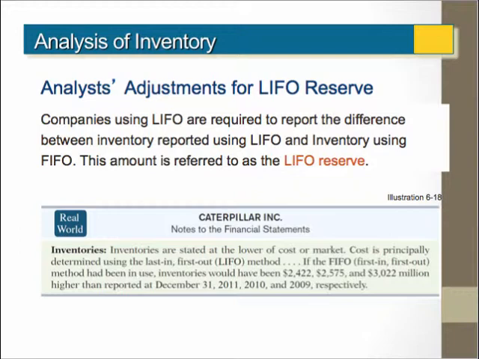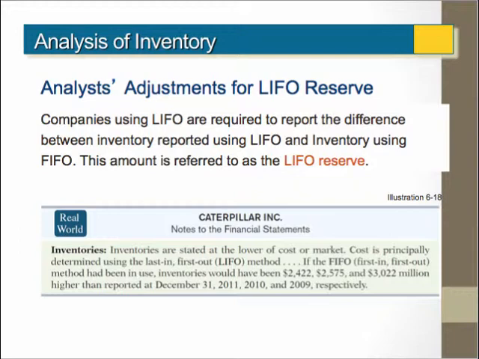So one of the other areas to think of is LIFO. Remember we said that LIFO in times of rising prices will require a company to recognize that their cost of goods sold is higher and their net income is lower. So one of the requirements that companies have to do if they are using LIFO is to compute a LIFO reserve. Companies using LIFO are required to report the difference between their inventory reported using LIFO compared to FIFO.